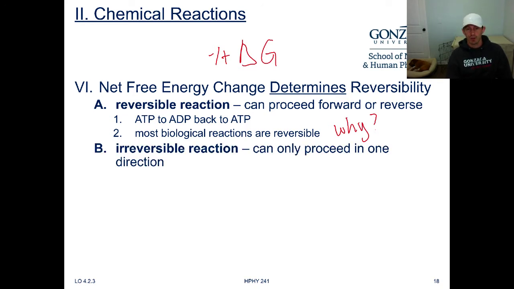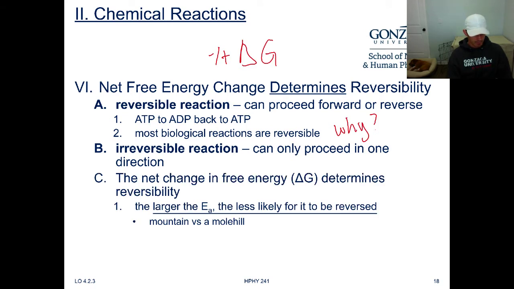Irreversible reactions, on the other hand, can only proceed in one direction. And what determines this, like I alluded to at the beginning of this slide, is that change in free energy, the delta G. The larger the delta G, the more likely it's going to be irreversible.